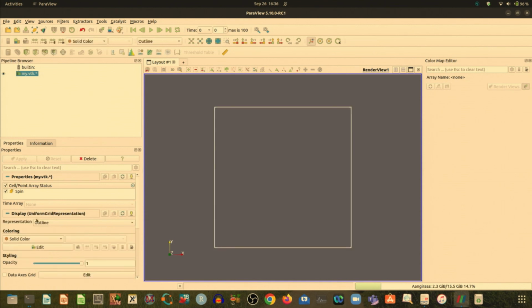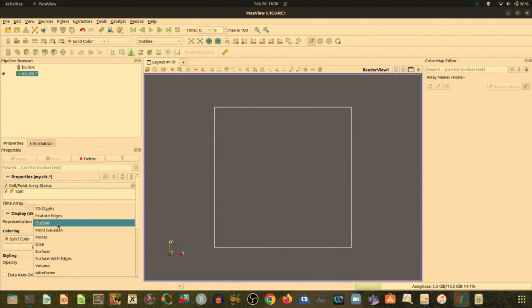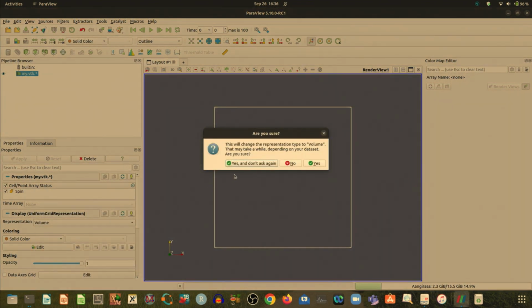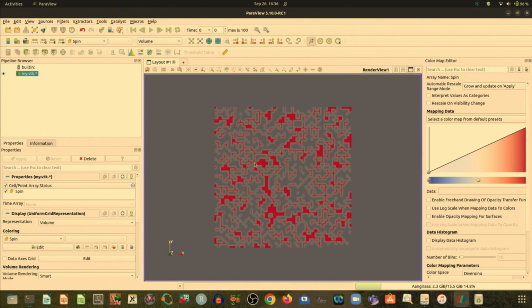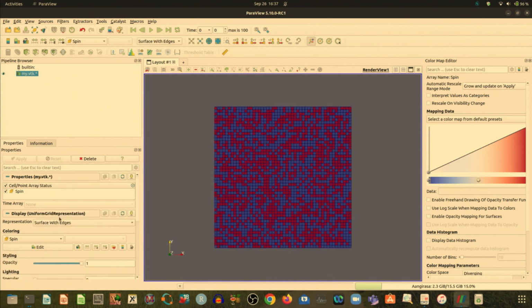Okay. And solid color I will change it to spin, and outline. Last time I showed you surface, you can put volume also. There are very different ways, surface with edges, right.